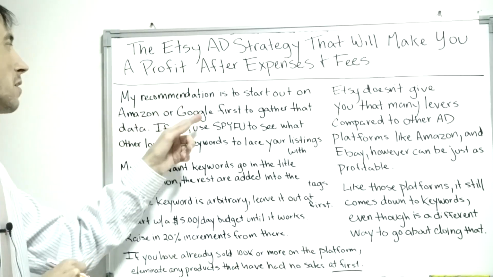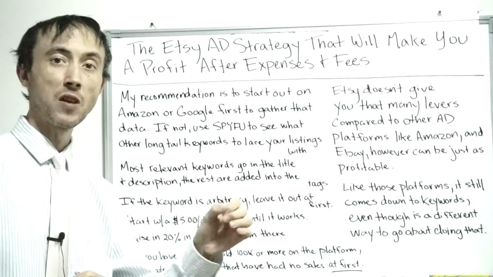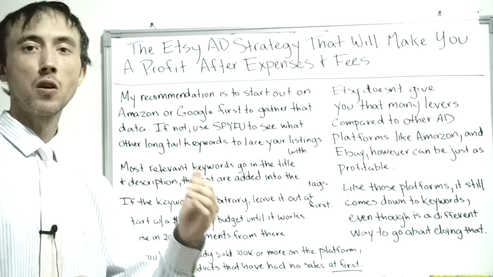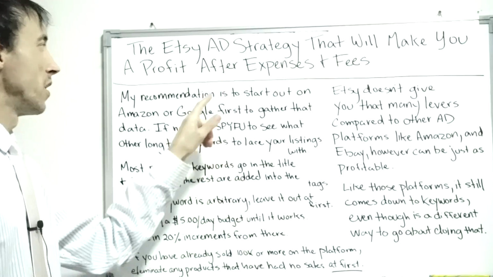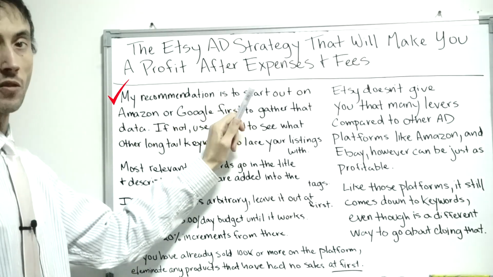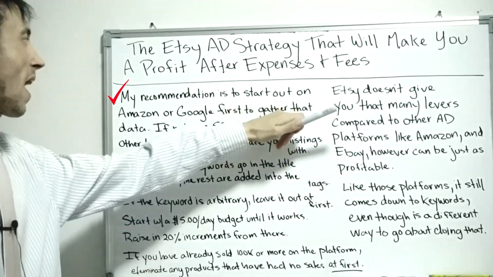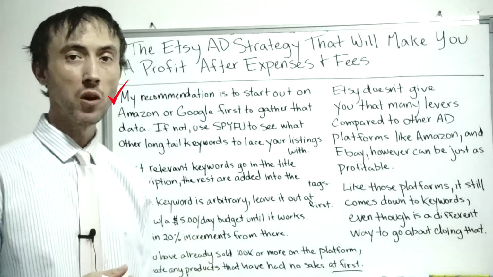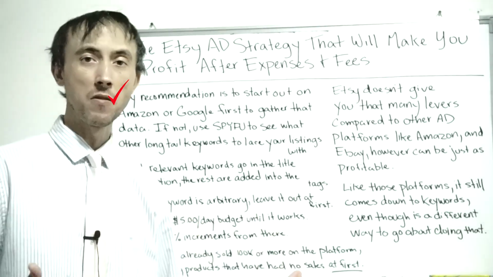So my recommendation to you, given I've done this myself before, for somebody who's sold individual crafts on the platform, is to start out on Amazon or Google first, legitimately, to gather data about what keywords actually work, because obviously Etsy doesn't really give you that data.